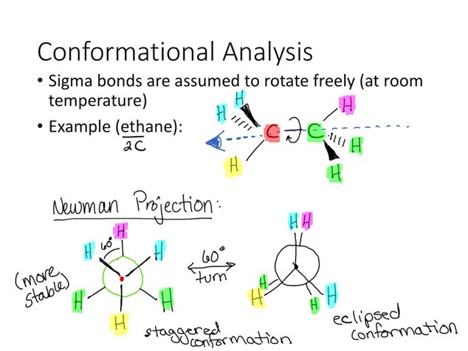If we rotated our carbon another 60 degrees, this hydrogen would move here, this hydrogen would move here, this hydrogen would move here, and we'd end up with another staggered conformation. So we could keep rotating the carbon and go back and forth between eclipsed and staggered, eclipsed and staggered.